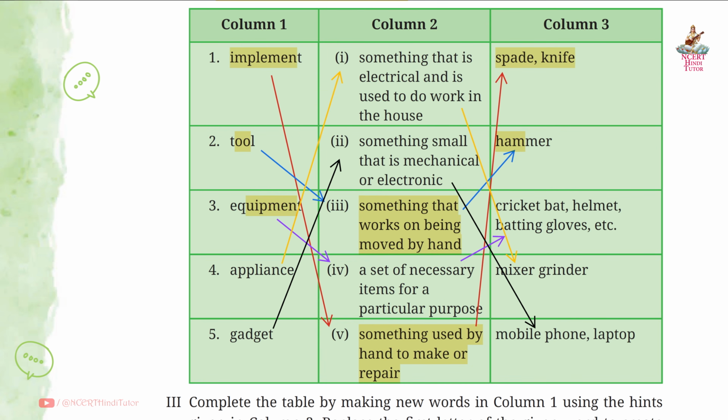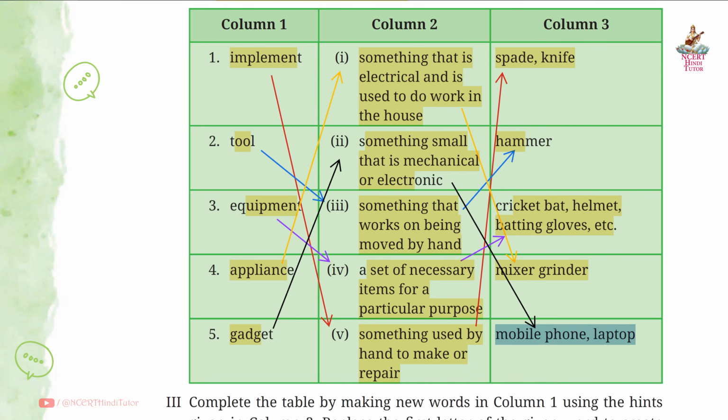Third, equipment means a set of necessary items for a particular purpose. Example, cricket bat, helmet, batting gloves, etc. Fourth, appliance, something that is electrical and is used to work in the house. Example, mixer, grinder. Fifth, gadget means something small that is mechanical or electronic.